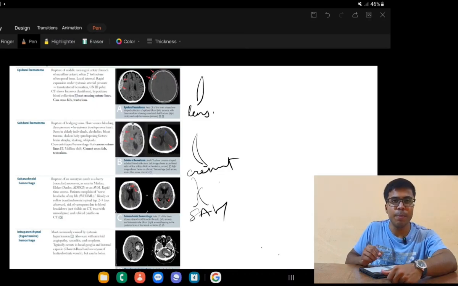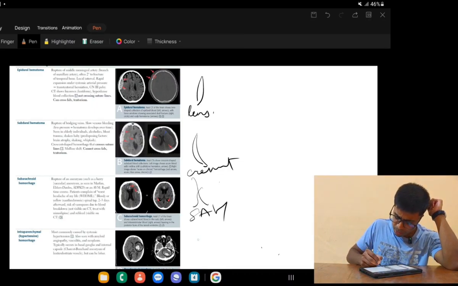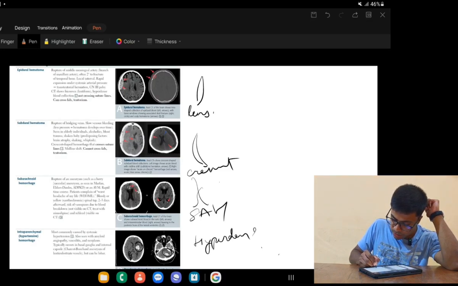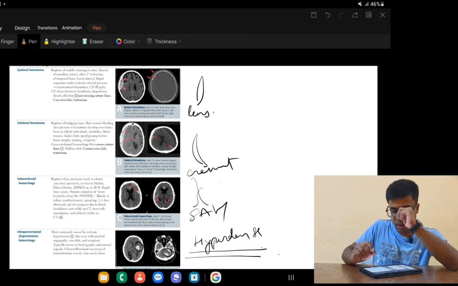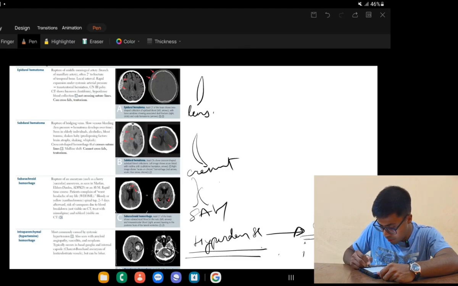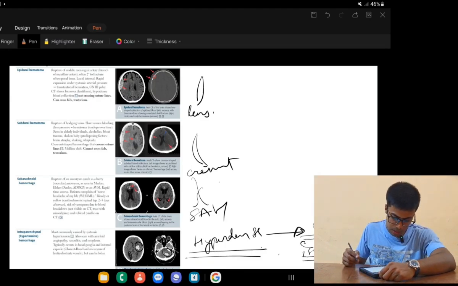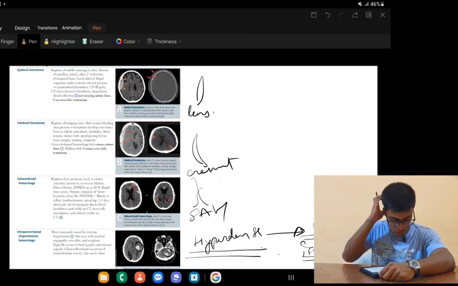In intraparenchymal, we are seeing a hyperdense area. And when this hyperdense area becomes a little bit dark, it's called ischemia. It causes ischemia, and the function of a particular side is lost.